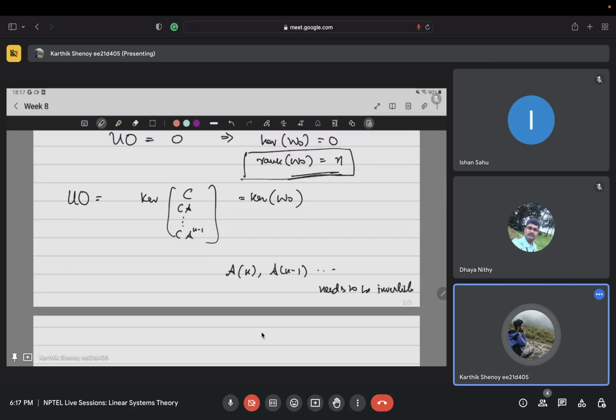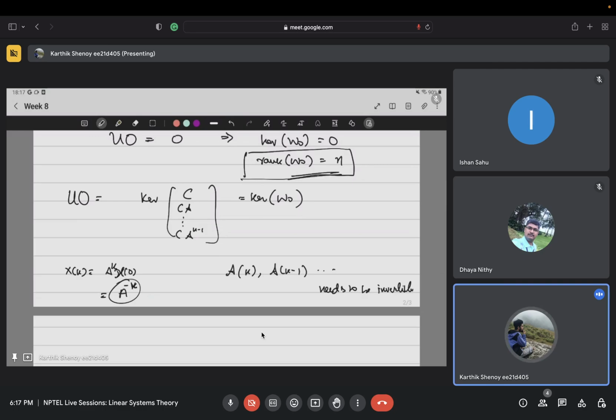Because how do you write x of k equal to A raised to k into x of 0, correct? So if you want to go against the flow, what will you do? A raised to minus k, that's all. So this has to be invertible, that's the logic. Okay, so A has to be invertible for going against the flow. So it's the same logic for your reachability also.